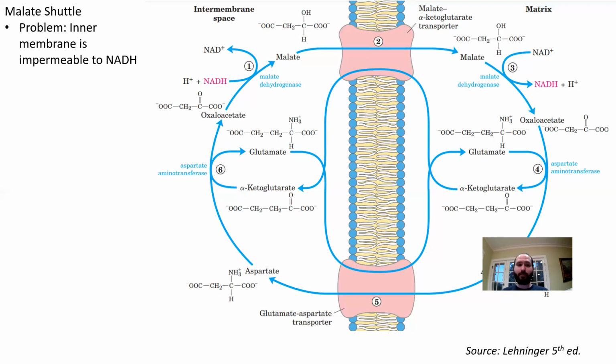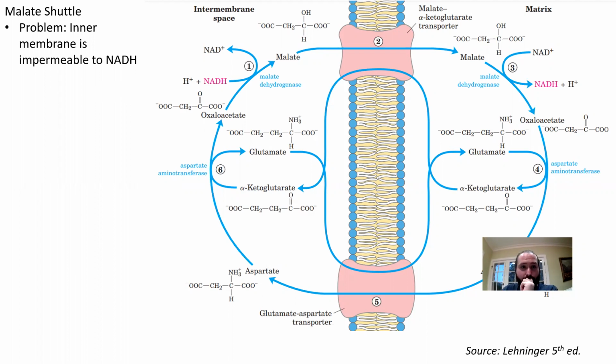Just to reiterate, with pyruvate, the pyruvate dehydrogenase complex is located on the mitochondrial inner membrane. So pyruvate will diffuse through the outer membrane into the intermembrane space, and then pyruvate dehydrogenase will spit out acetyl-CoA in the mitochondrial matrix.